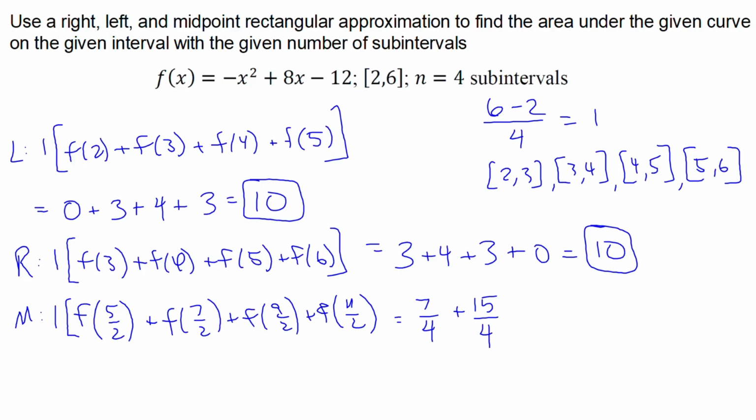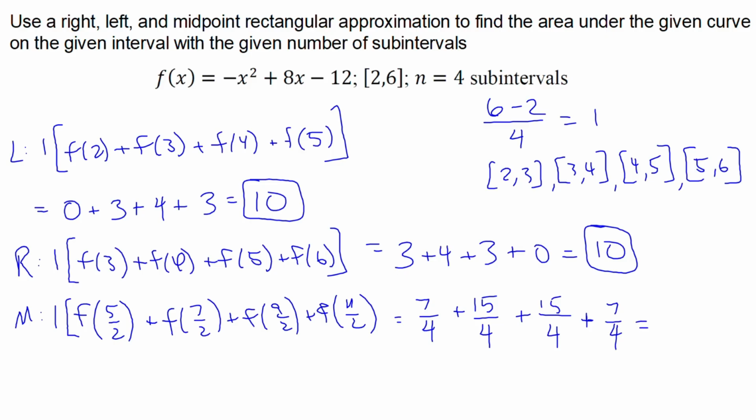If we plug in 9 halves, that's going to be negative 81 fourths plus 36 minus 12, which is also 15 fourths. And then when we plug in 11 halves, we're going to get negative 121 fourths plus 44 minus 12, which comes out to be just 7 fourths.